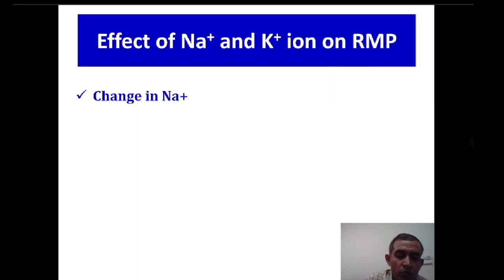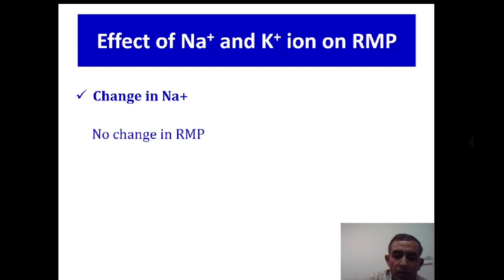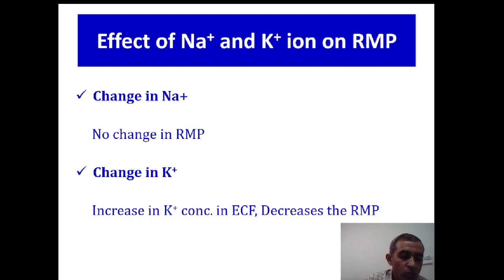So basically there is no effect on the RMP, but yes, if we change the concentration of potassium in the ECF, then it definitely affects the RMP, because even in the resting state the membrane is permeable to potassium. So hypokalemia or hyperkalemia can affect the RMP. If we increase the potassium concentration in the ECF, the RMP decreases, that means the inside of the cell becomes less negative.